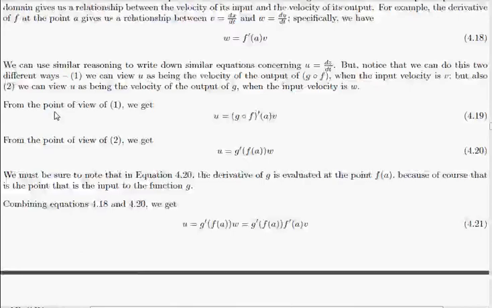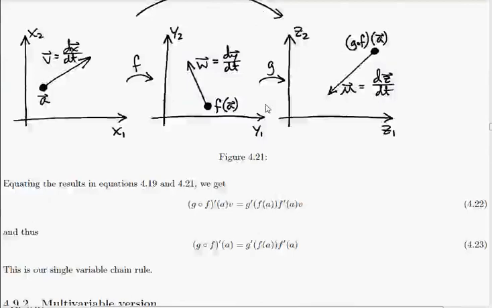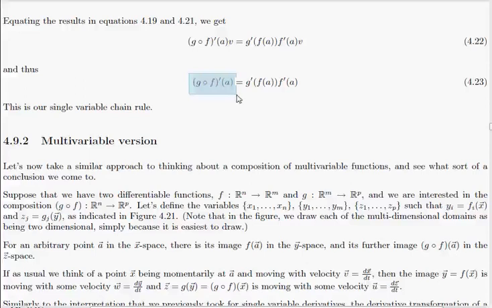It's like in the single variable chain rule: G prime has to be evaluated at f of A if f prime is evaluated at A. So that has to be f of that for the chain rule to really make any sense. That's all that is.